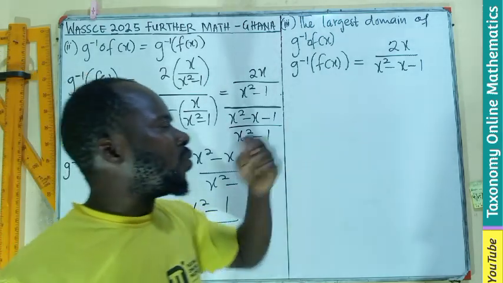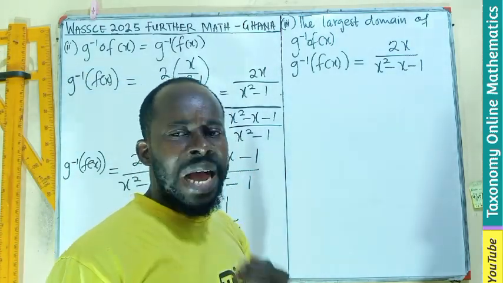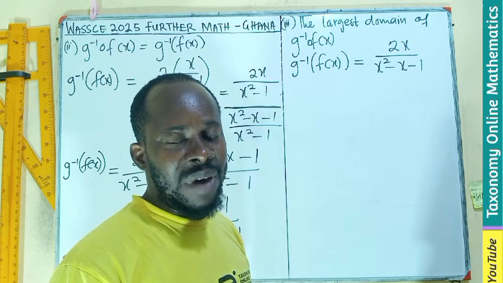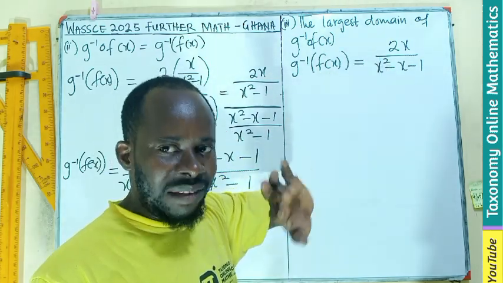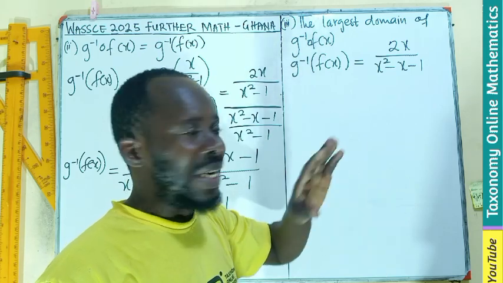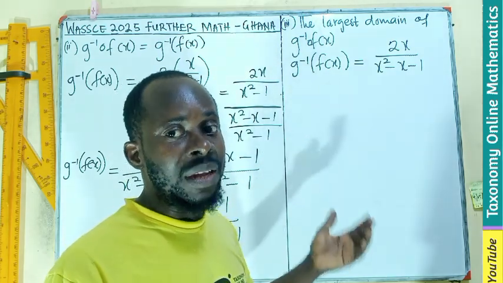Now, for this, we need to check for the undefined values of x, or the values of x for which this is undefined. That's the first thing we check. If we can check that, all values we can put in the numerator will always make it valid.